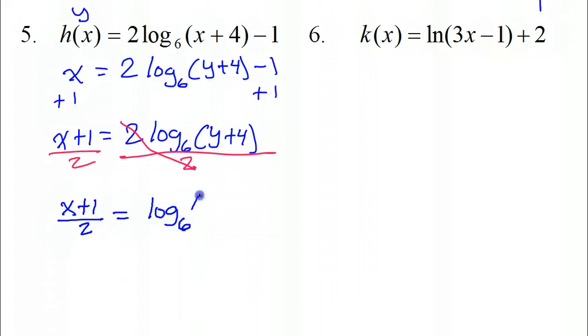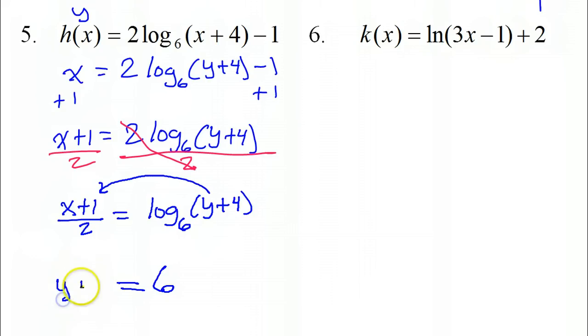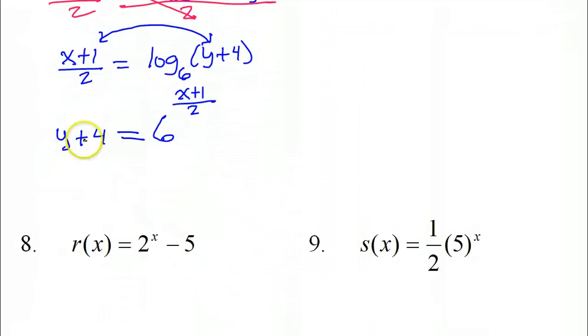Now that we have the log expression by itself, we can go ahead and rewrite in exponent form. Starting with the base, it gives us 6. Now this y plus 4 is going to come over there and become y plus 4 equals, and this x plus 1 over 2 is going to come over here and become the exponent. So I will have x plus 1 over 2 way up high because it's the exponent. And then we will subtract 4 from both sides. So this is about to be the final answer with y by itself.